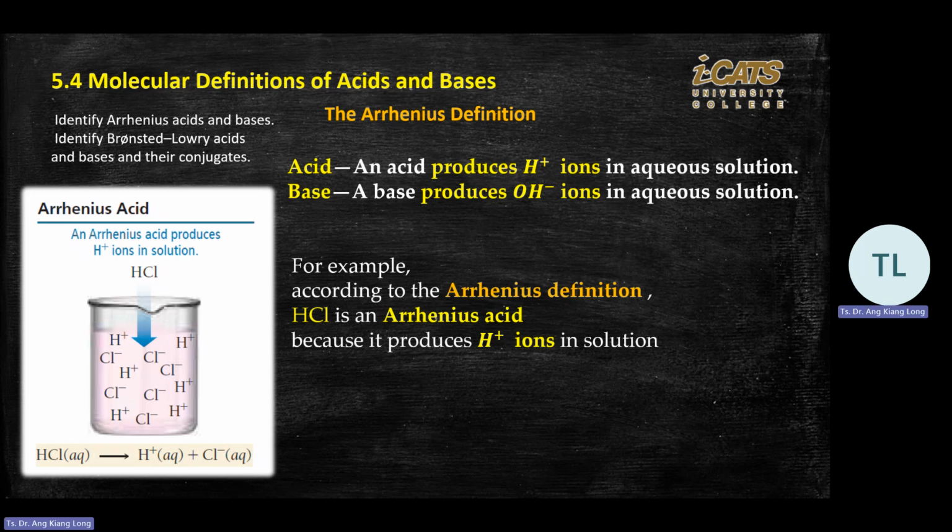After this, you need to write HCl(aq) arrow H plus (aq) plus Cl minus (aq). This is the way of chapter 5 question and answer. Something like what I wrote on the slide here. This is a complete answer for one question, section A.